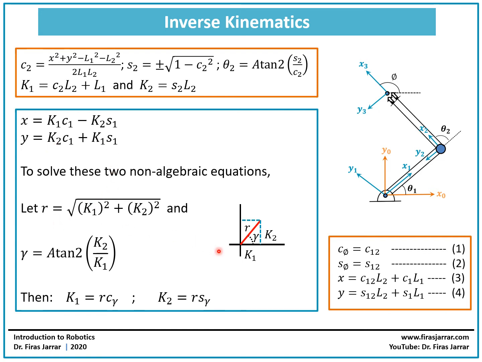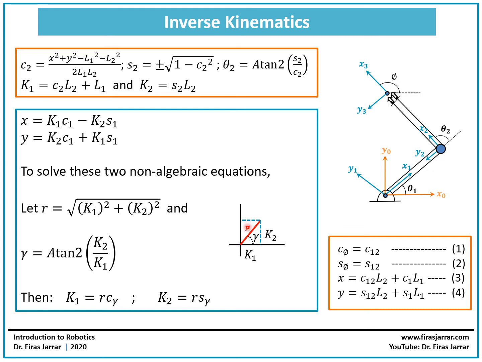Consider that k1 would be the length of one edge of a right triangle, the adjacent side, and k2 is the opposite side of the triangle. We're going to do a transformation such that r, according to Pythagoras, is the square root of k1 squared plus k2 squared. So this is r.